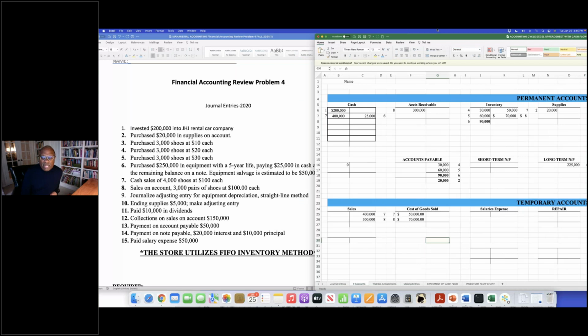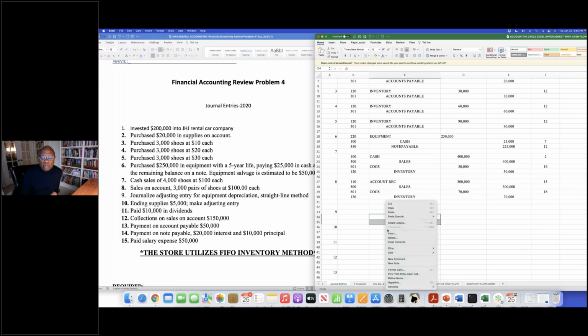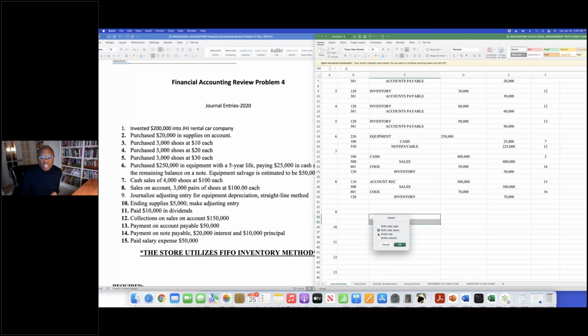So we're trying to calculate depreciation. First of all, what's our type? 14. In a 14, what do we debit? Depreciation expense.